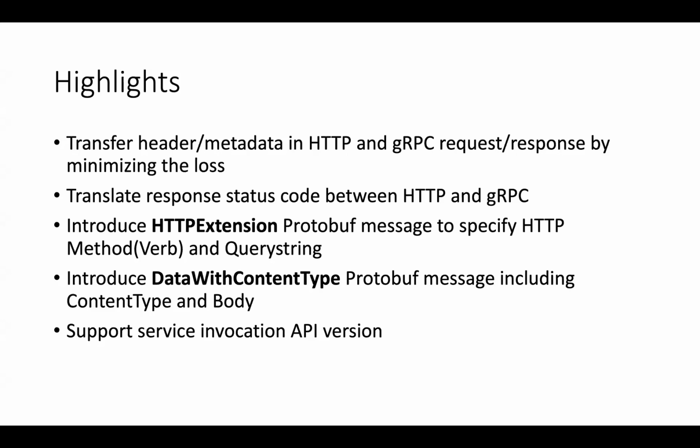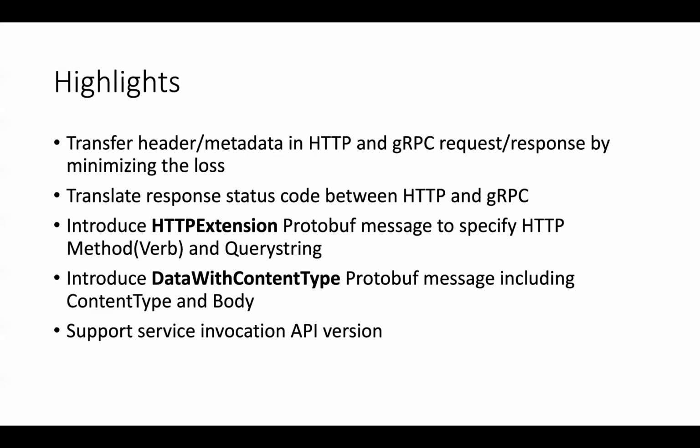In the previous code, we basically assumed that the method is POST and there was no way to pass the query string to the HTTP applications. But with this protobuf message, you can pass the HTTP method and query string to the HTTP request.